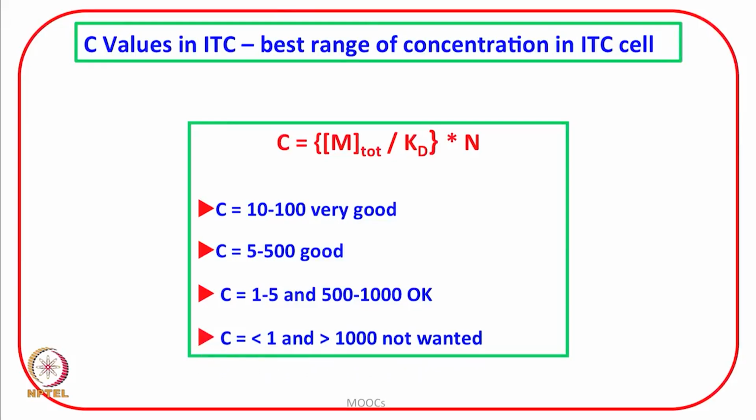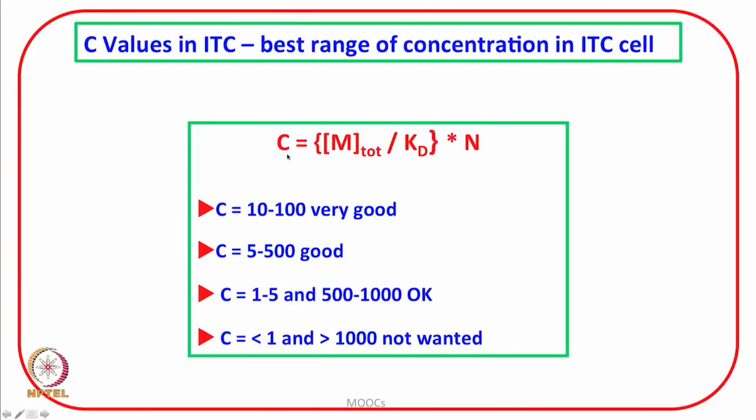And a C value less than 1 and greater than 1000 we do not want. So, therefore, if the C value can be maintained between 10 to 100, that means in that case, under those experimental conditions, the isothermal titration calorimetric profile will turn out to be very good.